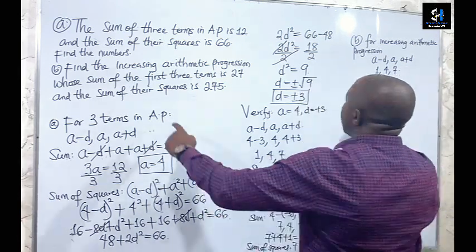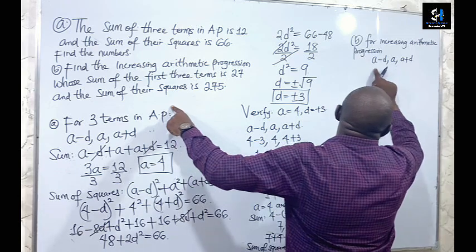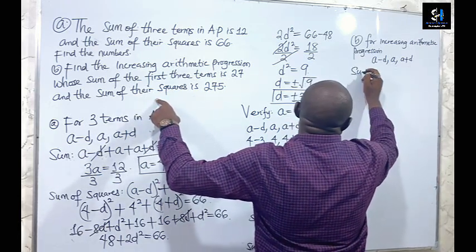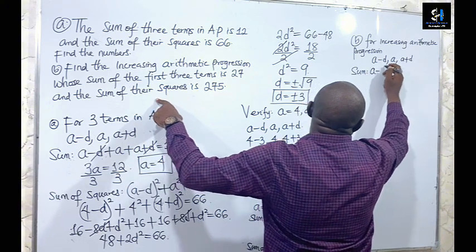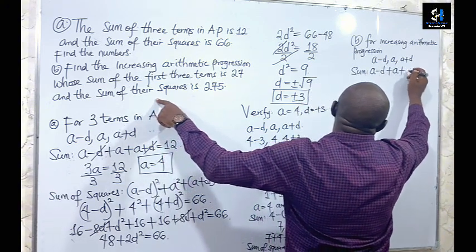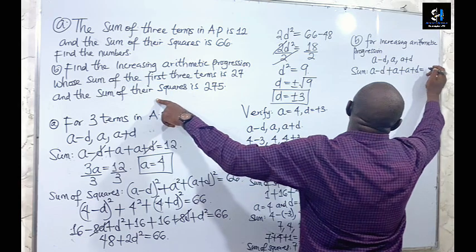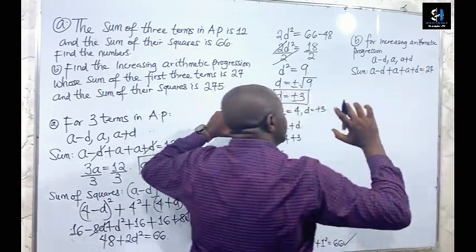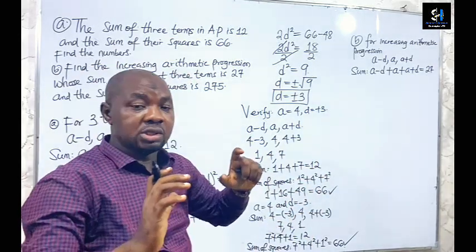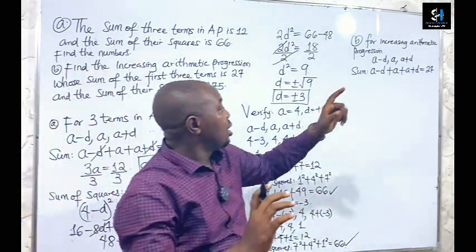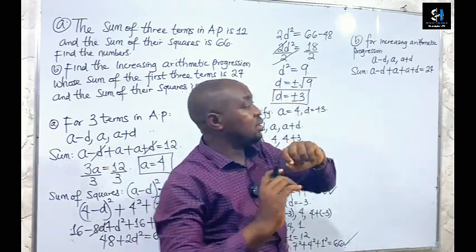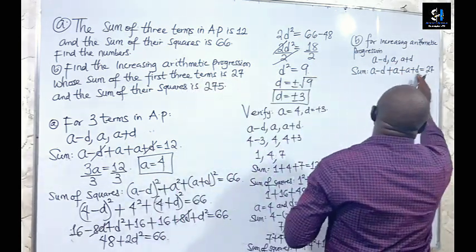Now their sum is a minus d plus a plus a plus d equals 27. That is, the first 3 terms that form the sequence are a minus d, a, and then a plus d.